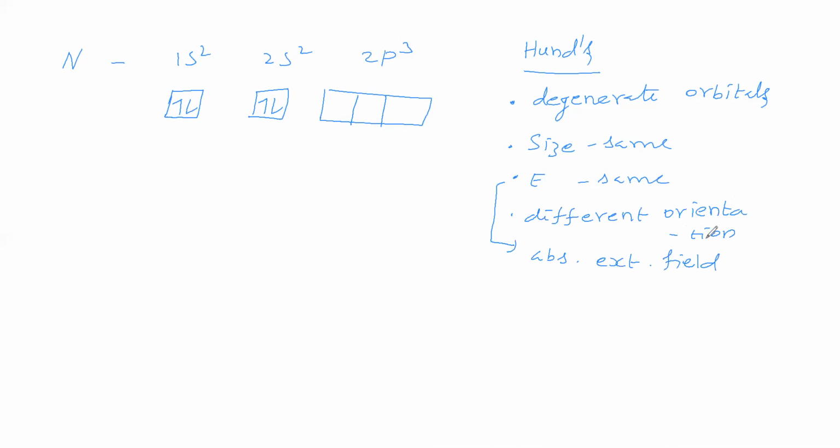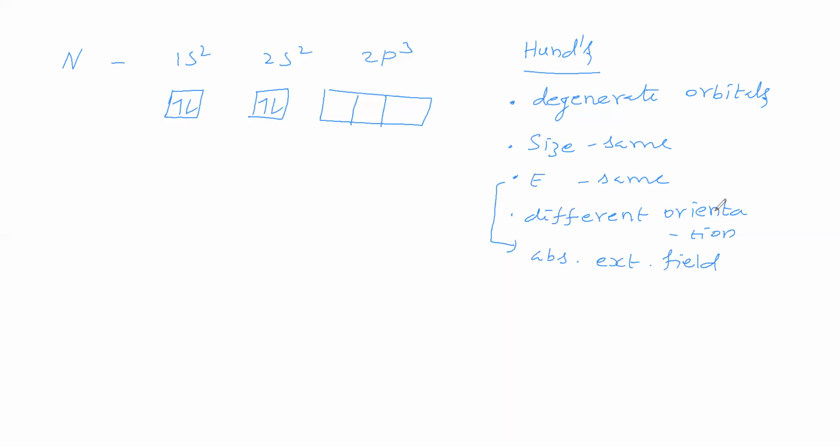External field means external magnetic field and external electric field, that is, the Zeeman effect and the Stark effect. If the external field is absent, then energy will be the same.